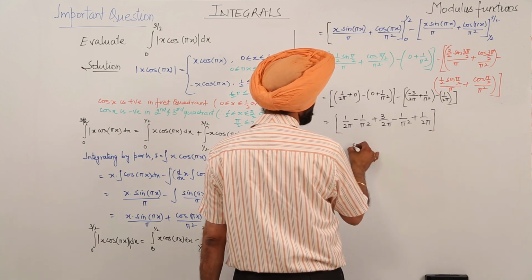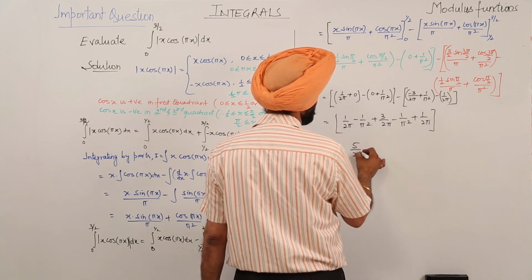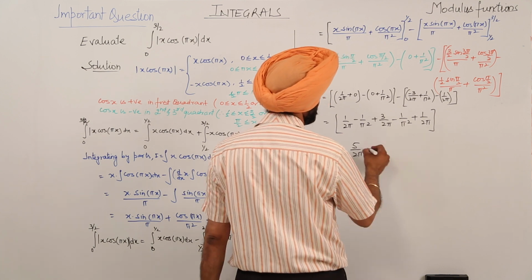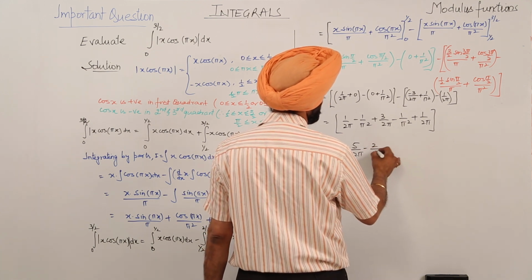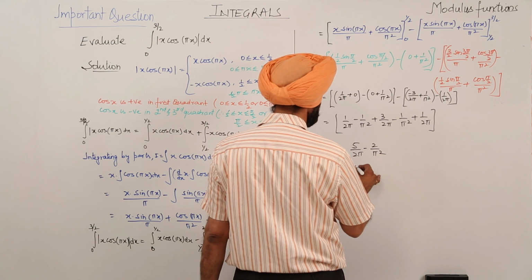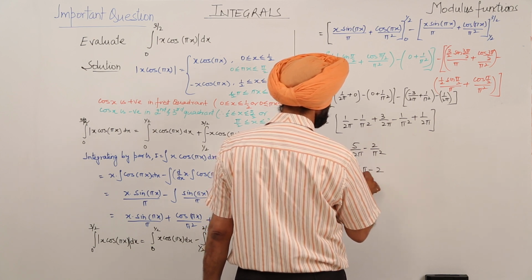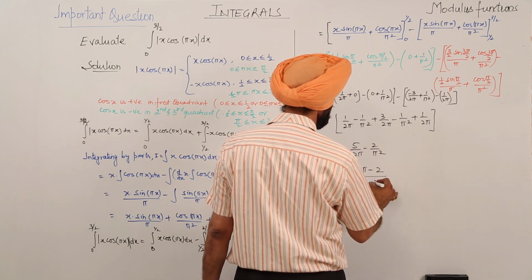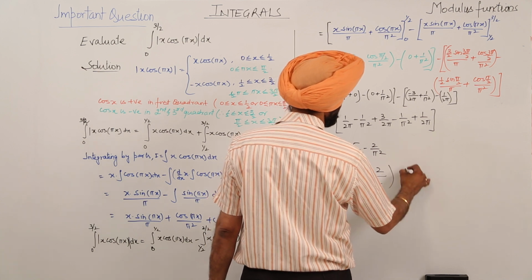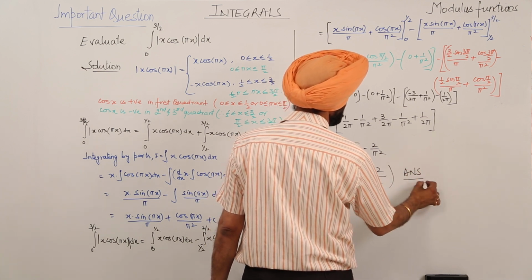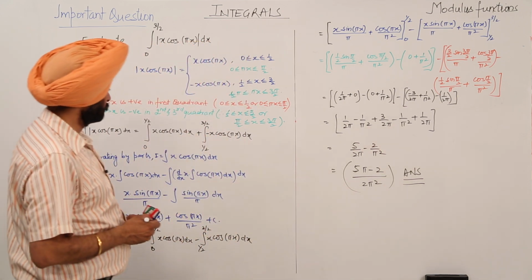Now this is equal to 5 upon 2 pi minus 2 upon pi square, that is (5 pi minus 2) upon 2 pi square. This is the answer.